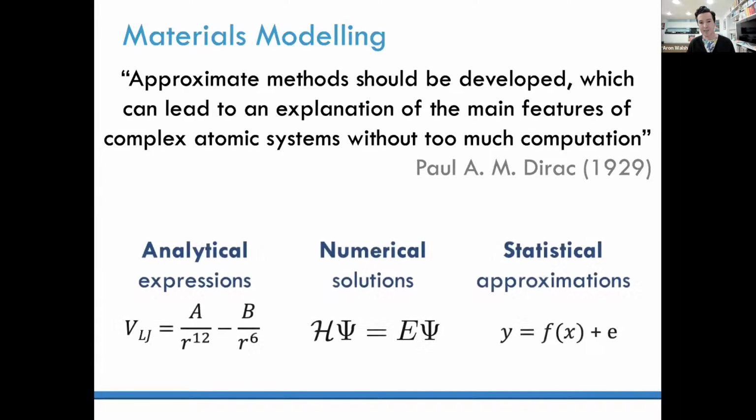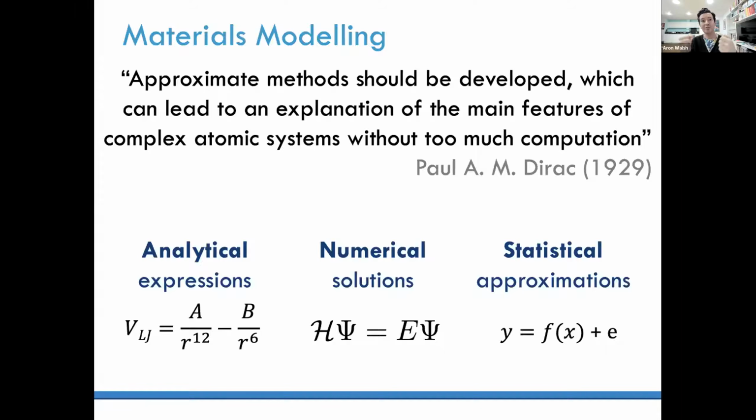And I think now typically we deal with different sets of approximations. So we have analytical expressions, such as Lennard-Jones or Buckingham, where we have a closed form that describes the interaction between elements. So when the elements get too close, you get repulsion.